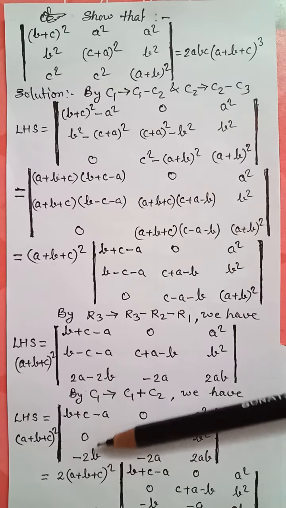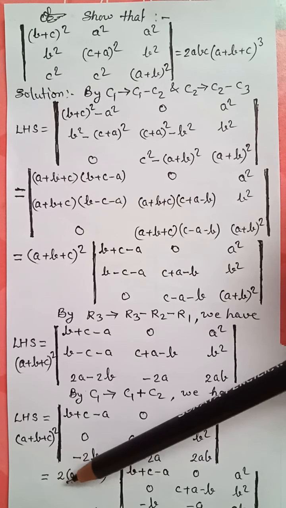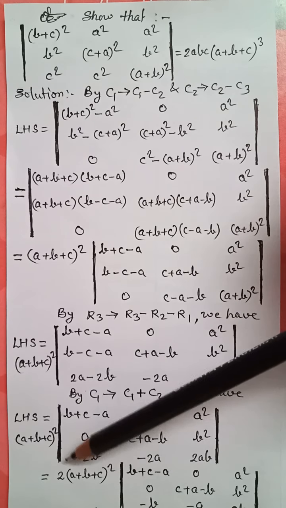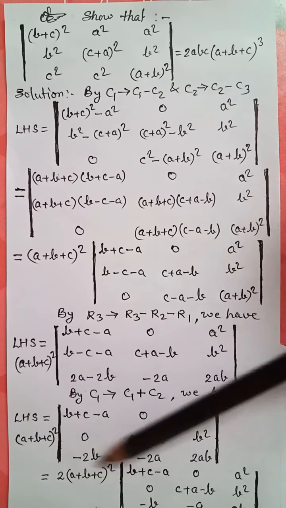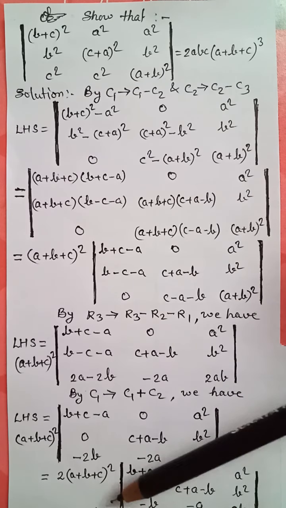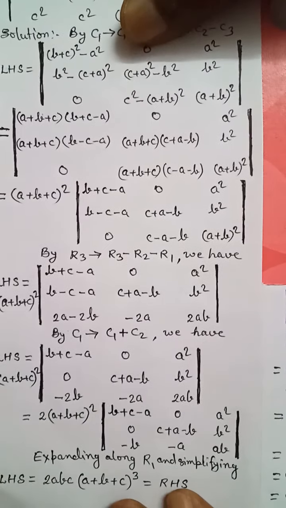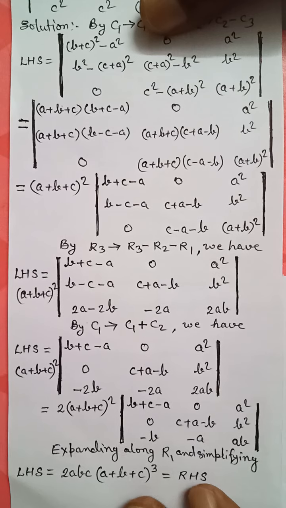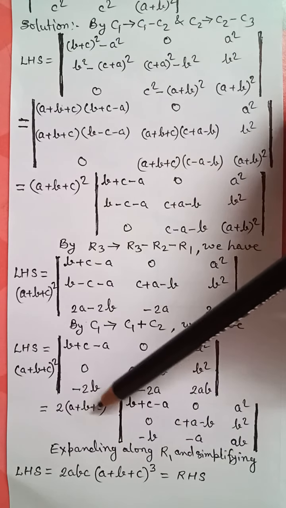Hence, ultimately we have here, 2 is taken outside because 2 is a factor of the third row. Therefore, we are going to have this expression: twice (A plus B plus C) square.